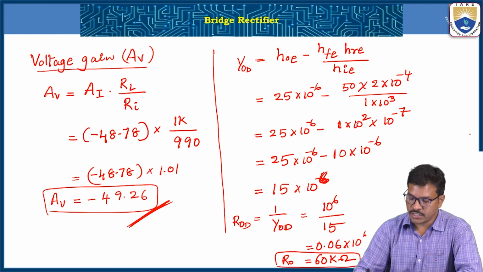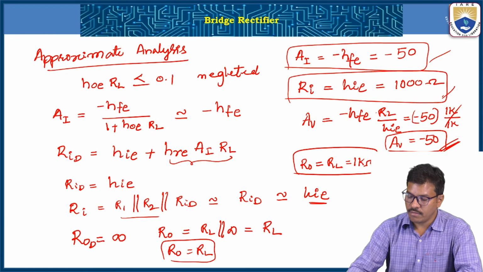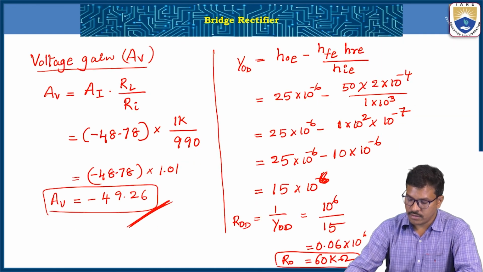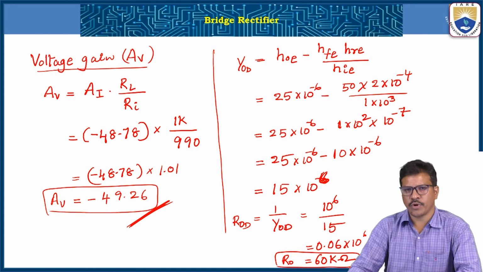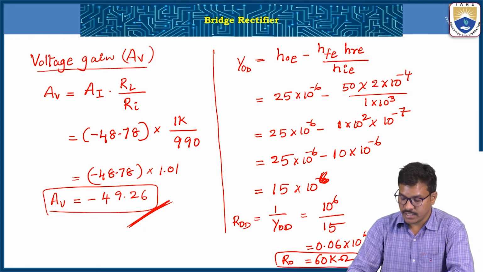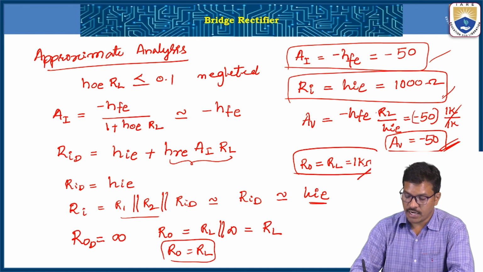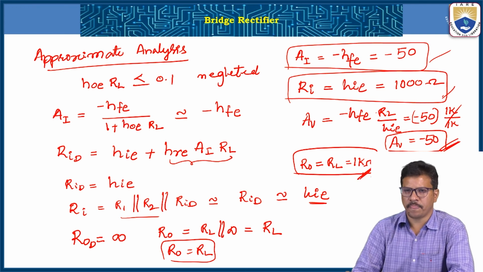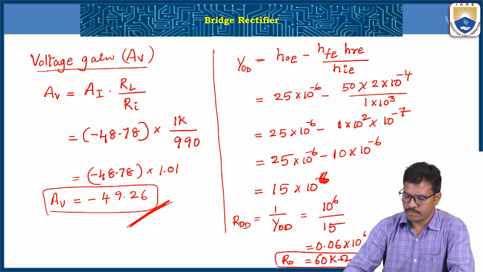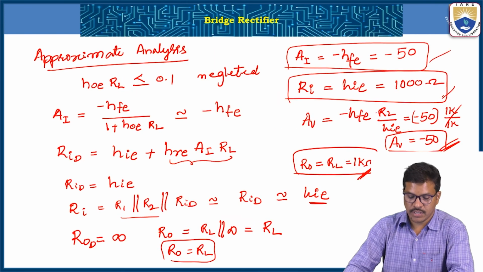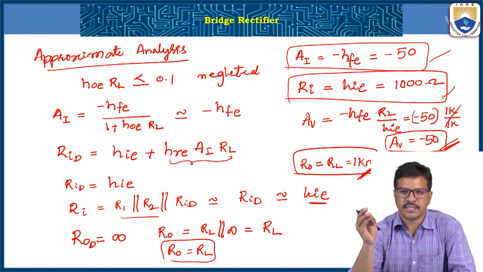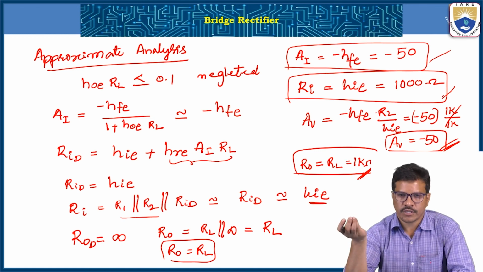And the output resistance is 60 kilo ohm in the exact analysis, but in this case we get R0 equal to RL, 1 kilo ohm. In this way, we can consider exact analysis and approximate analysis.